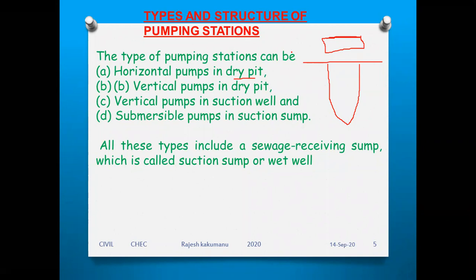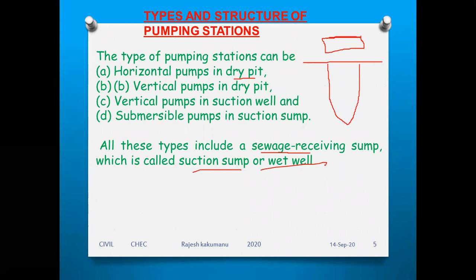Next one is vertical pumps in a suction well, and submersible pumps in a suction sump. All these types include a sewage receiving sump, which is called the suction sump or wet well. So generally we say pumping systems are of two types: the dry well system and the wet well system.